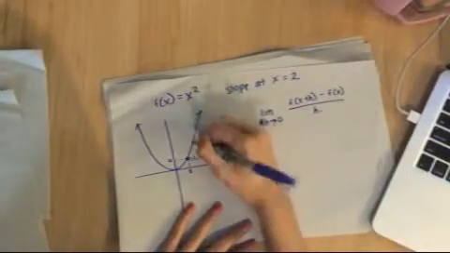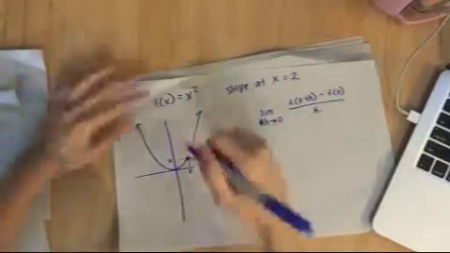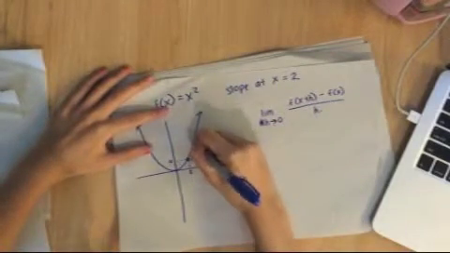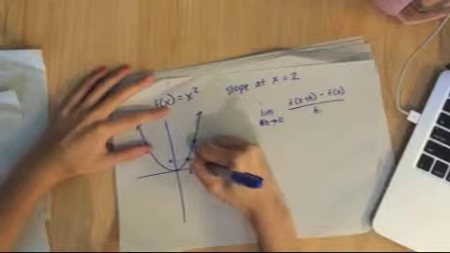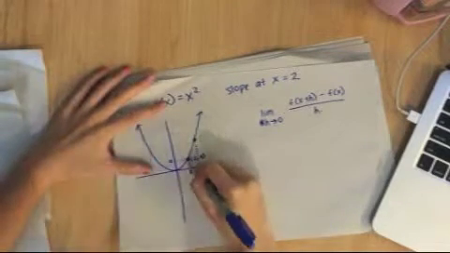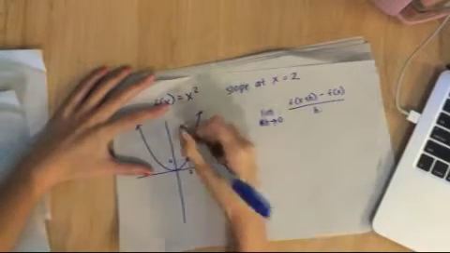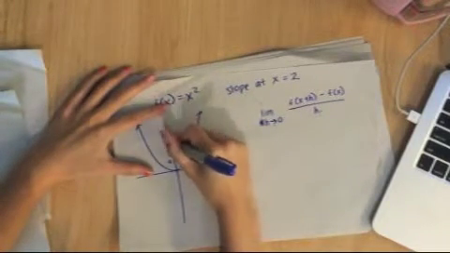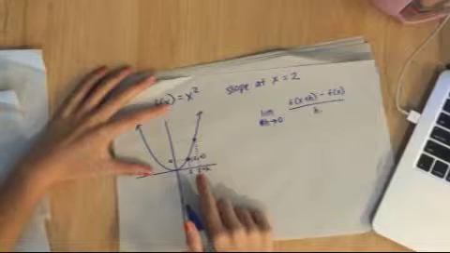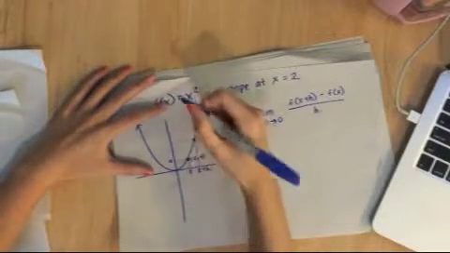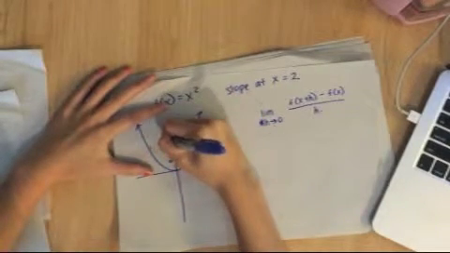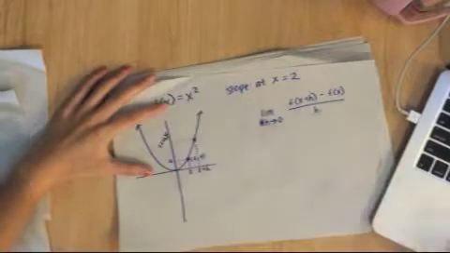So now we just have to make a second point here. So this would be 2 plus h. And this would be, if you just plug in 2 plus h into our original function, 2 plus h squared.